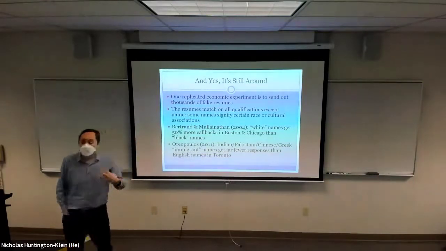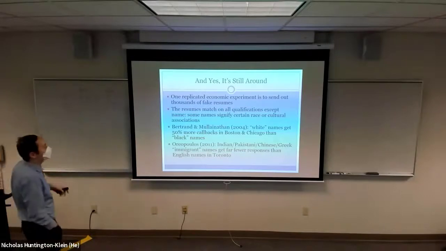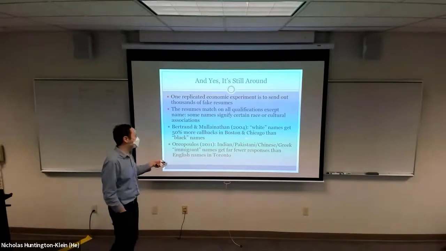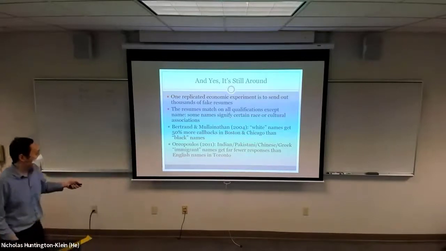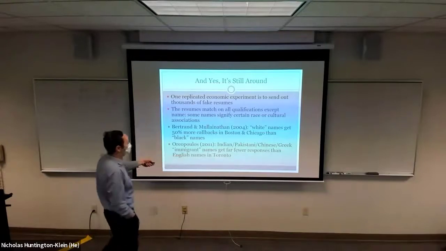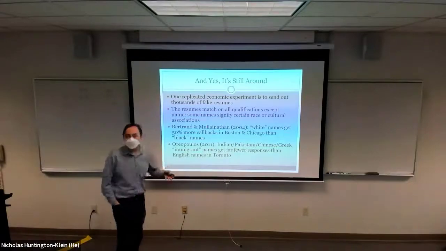You do see that there are big differences in terms of who the employer calls back based on just the name, right? So again, with the exact same resume information, you get very different callback rates. This happens across racial lines. Here's an example from 2004 in Boston and Chicago. Here it happens across immigration lines. So this is from Toronto, using some of the major immigrant groups in Toronto, getting much lower callback rates, even with the exact same resumes otherwise.